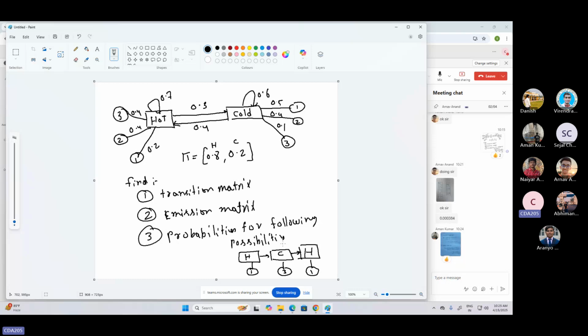Okay, so let me solve. Everyone has got this answer? Answer for this question. It is 0.0000384.